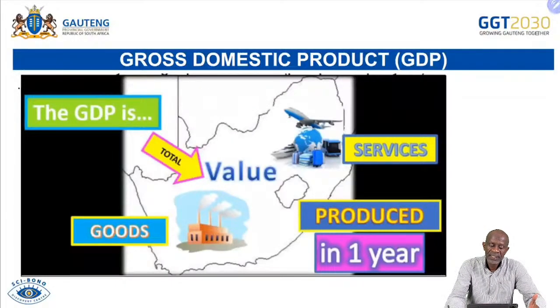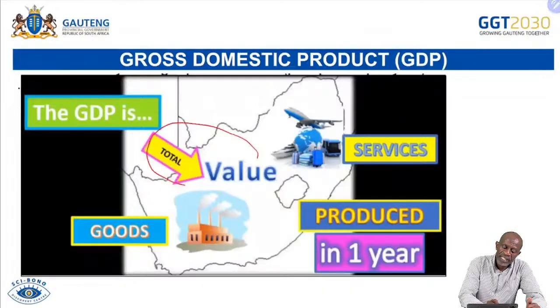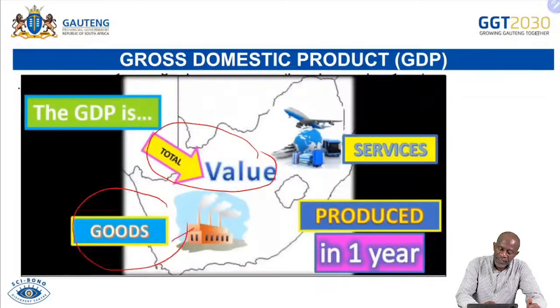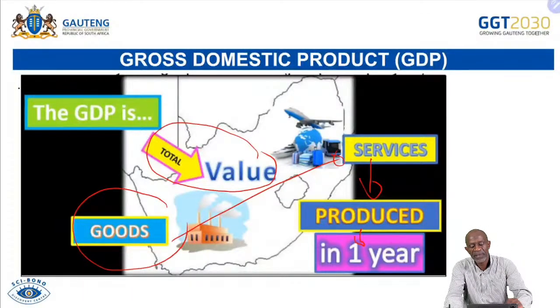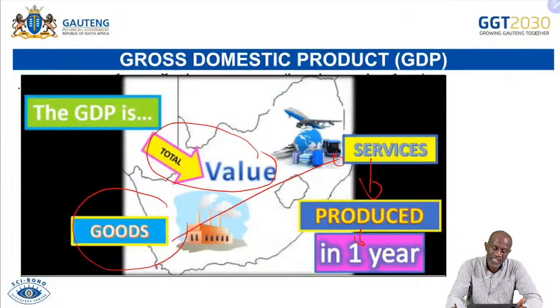In summary, the diagram here represents the gross domestic product, which we said refers to the total value of all goods and services that are produced in a country over a period of 1 year. This is just a schematic representation to make you understand what GDP is.